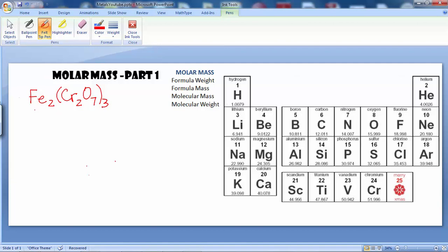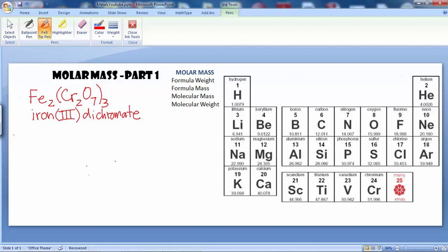Now this is a part of this chapter, and you remember that this is what, iron(III) dichromate. That is the name of that compound. You recognize this polyatomic ion as being Cr2O7 with a 2 minus charge. Okay. Now let's get back to the business of calculating the molar mass for this.